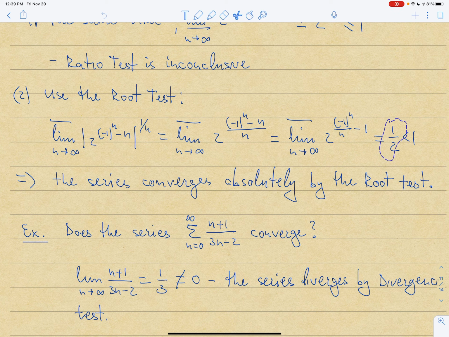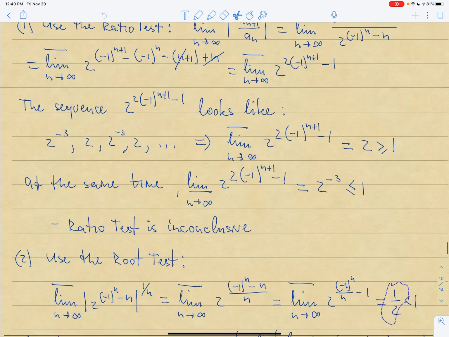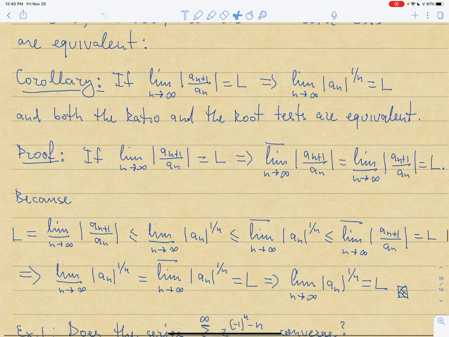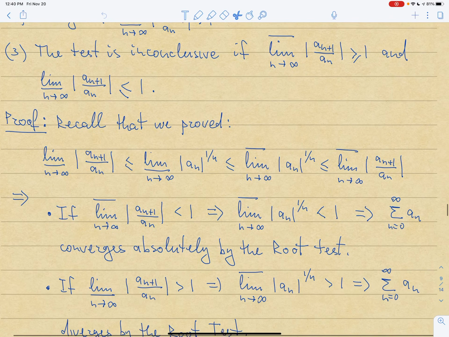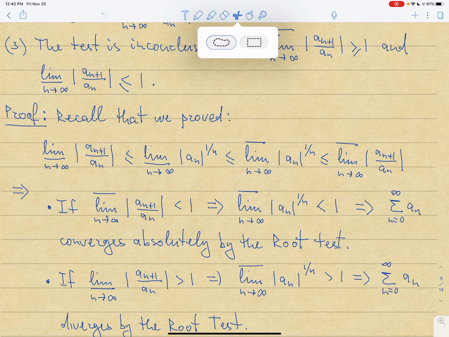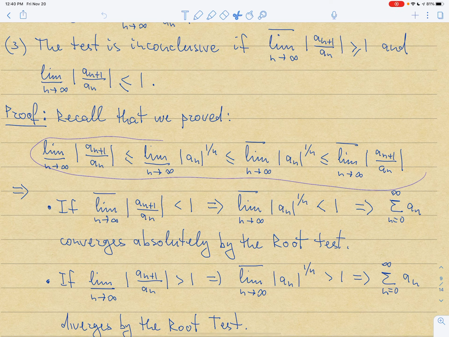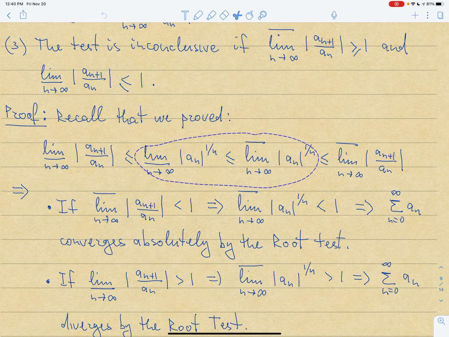And this actually is an example of the case when not just the lim sup, but the limit in the root test exists, but nevertheless the limit in the ratio test does not, right? What did we say up here? So again, if I look at this chain of inequalities, if the lim sup of the ratio is equal to the lim inf of the ratio, then the limit of the root must exist.